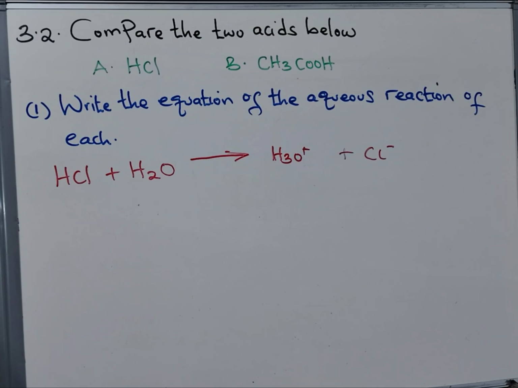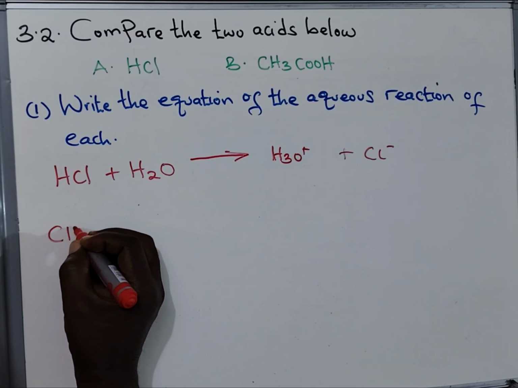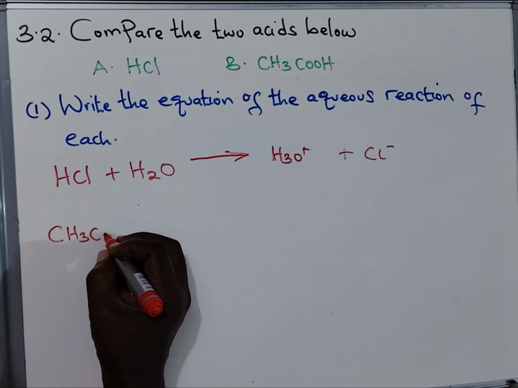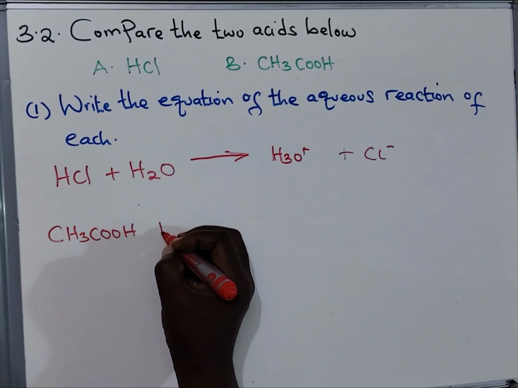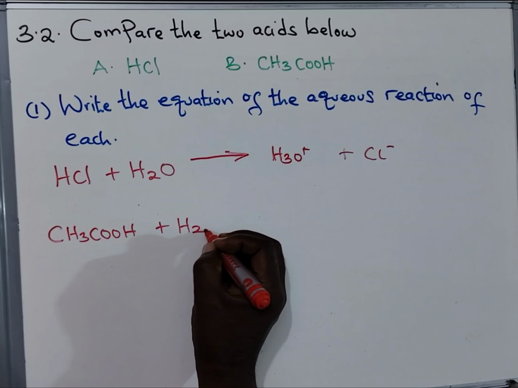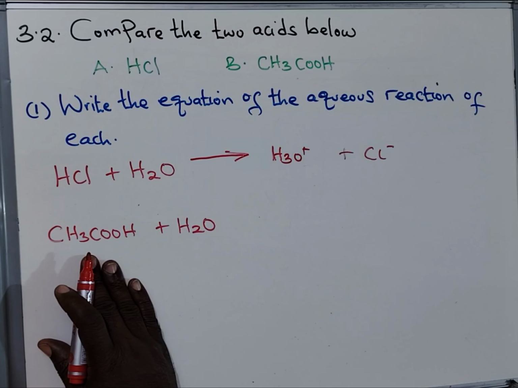Then we come to ethanoic acid. What do we have? We have it written down here. In aqueous solution means it's in water and it's the acid. So what happens to the acid?